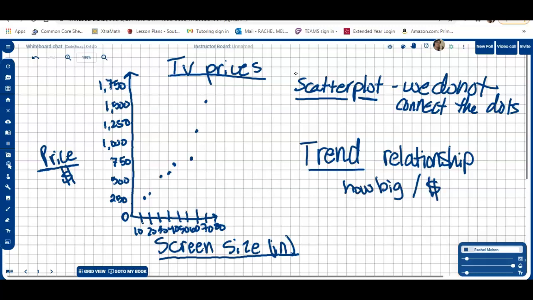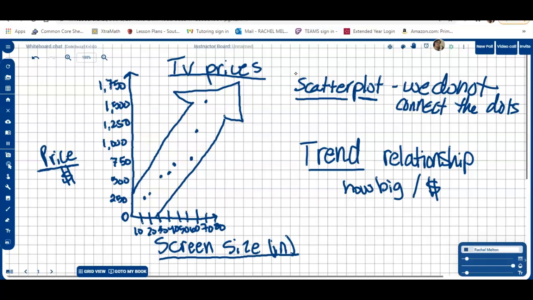So if I'm looking at this scatter plot, I don't connect the dots, but I see if there's a trend. If I were to draw an arrow that encompasses all of the dots, I can see that that trend is increasing.